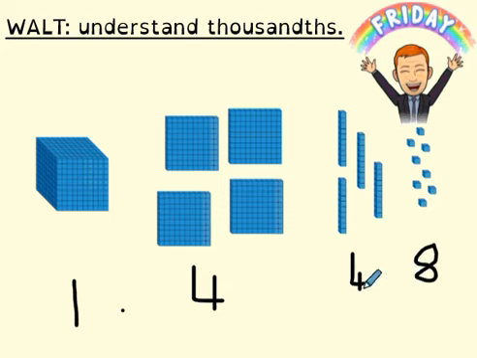If I was to partition this number, I could represent it using the pictorial method, I could write it using digits, as I have done here, or you could write it like this.